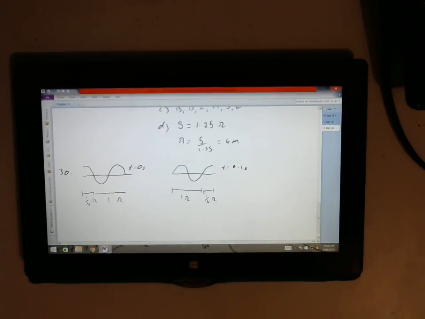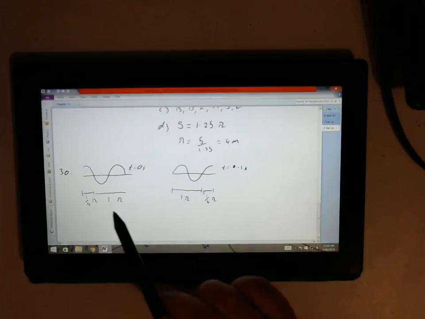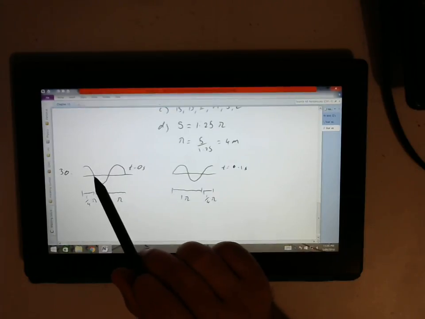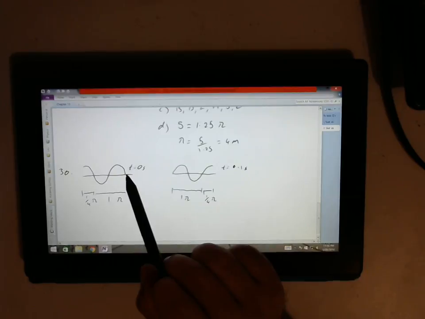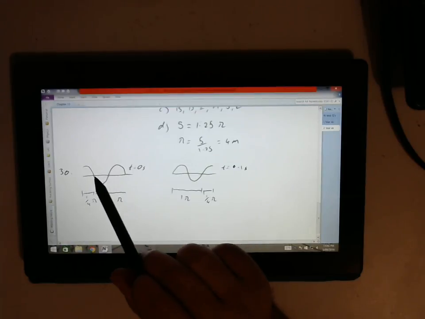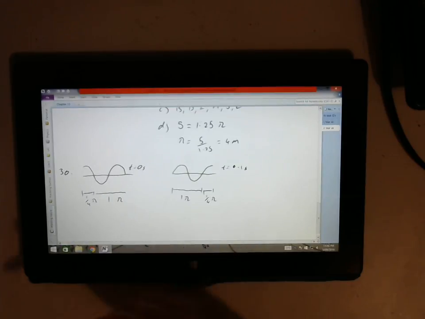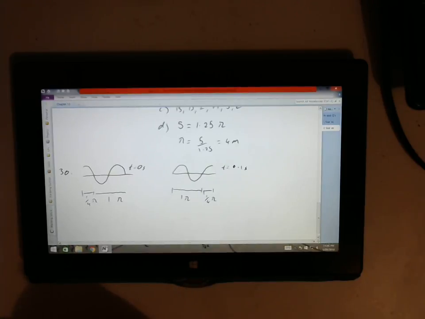So if we look at this, it would be the time it takes for this point here to get to this point here, or if it's going the other way, because we're not told what direction it's going, this point here to get to that point there. So we need to look at the 2 images to figure out how far this thing actually went. Now remember, we're after the greatest period, which means we want the slowest possible wave.